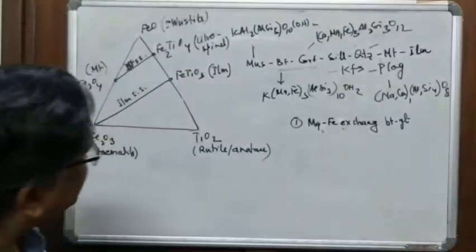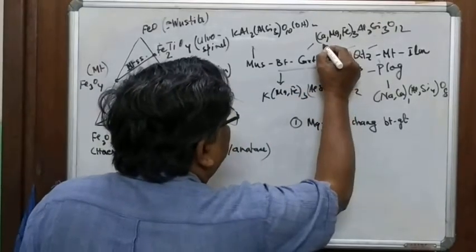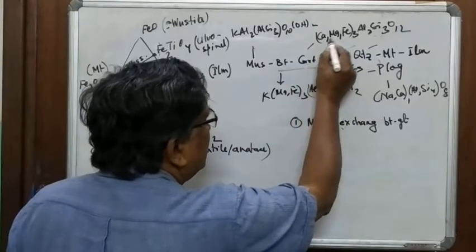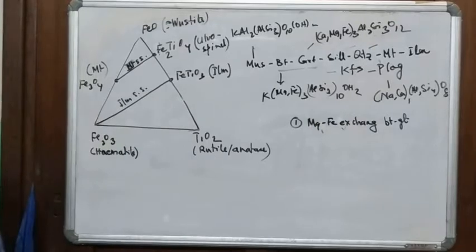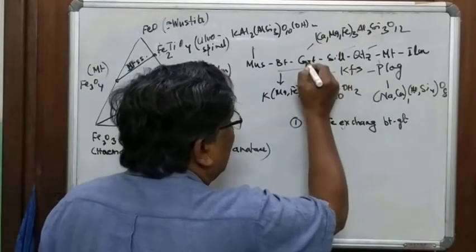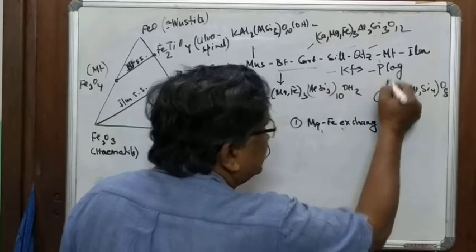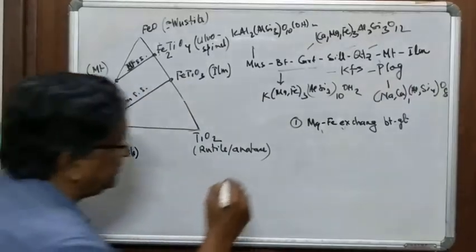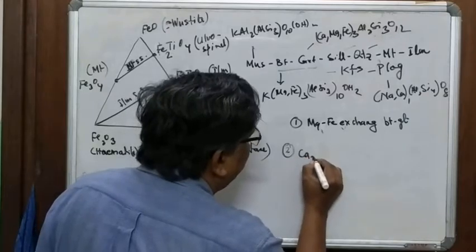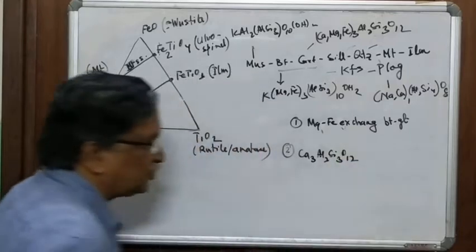What are the possible reactions? Say for example, you look at the garnet, it has grossular, pyrope, almandine. If I take a garnet component, say grossular, then the only way that I can compensate it is by calcium in plagioclase. So I write a reaction: Ca3Al2Si3O12, that's grossular in garnet.